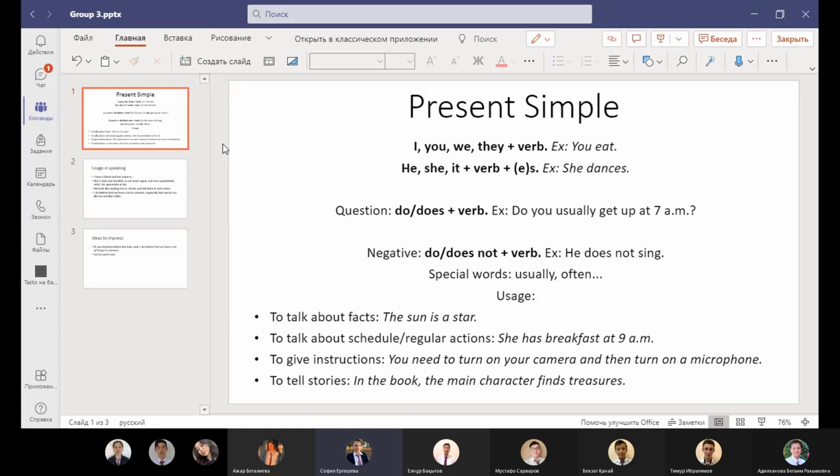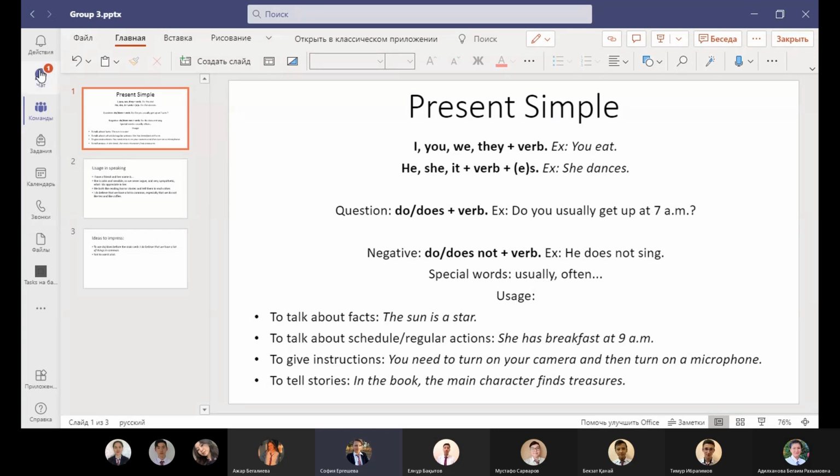Then the question form is formed by the auxiliary verbs do, does plus verb. For example, do you usually get up at 7 a.m.? And the negative form is formed by adding to the auxiliary verbs do, does, the negative particle not, plus verb. For example, he doesn't sing.